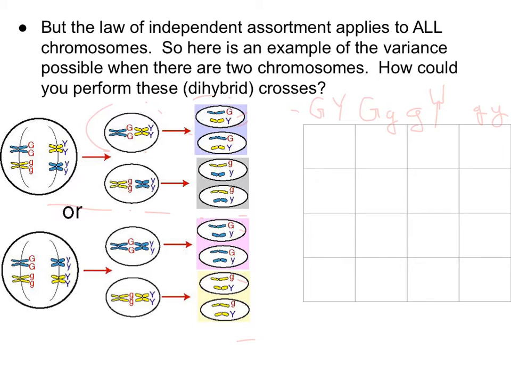Now if you have a mating of two different organisms, the same thing, let's just assume for ease that this is the same genotype. Sorry, that's a capital G, capital Y, and lowercase g, lowercase y, okay? And then when they meet, this individual is going to get genes from both parents. I'm just going to do a few of these.